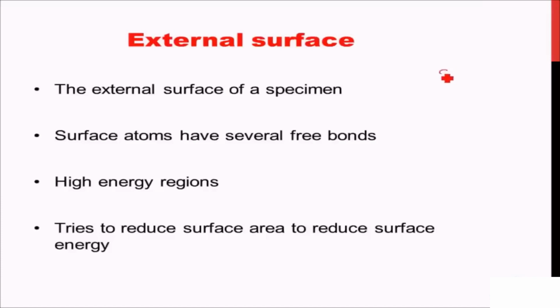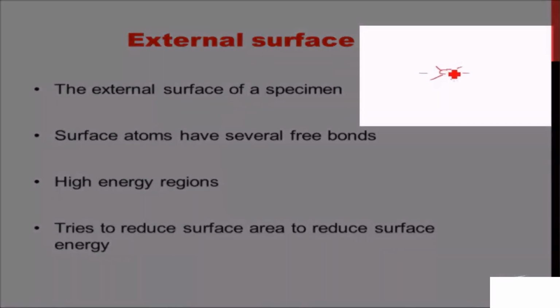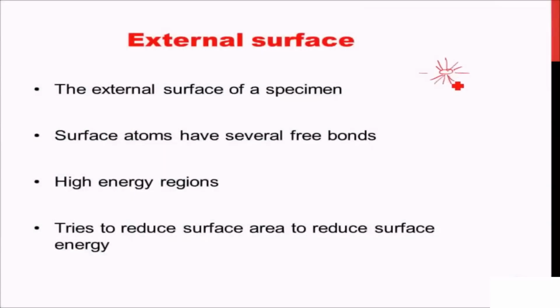Let's say we have an FCC atom, then it will have a coordination number of 12, which means there will be 12 bonds attached to it, right? 6 in this plane, 3 on top and 3 on the bottom. That makes the 12 bonds for this atom, and when all 12 bonds are present, it is surrounded by atoms in all the possible directions, right?